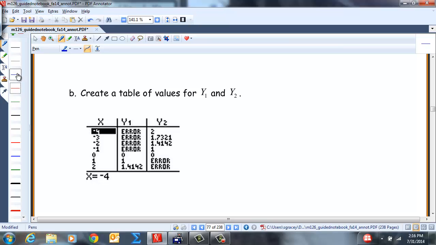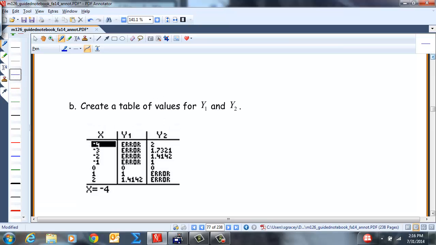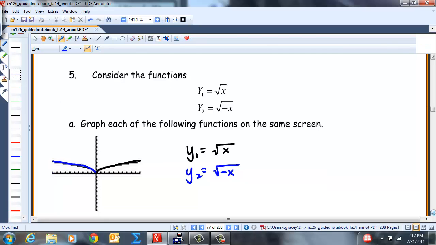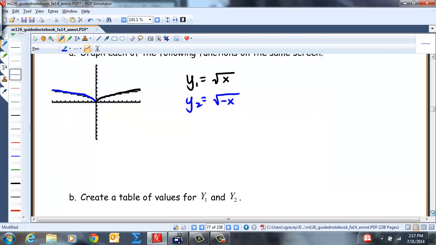So let's take a look at the graph itself and see what happened. This graph basically, the blue graph is that black graph which has been reflected about the y-axis. So let's go ahead and write that in.